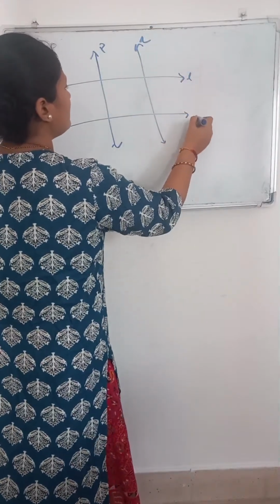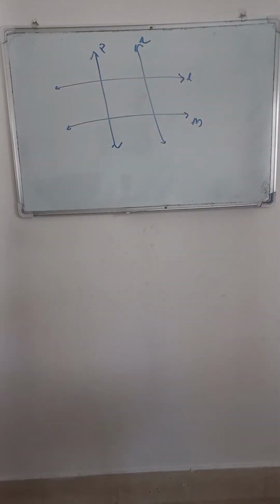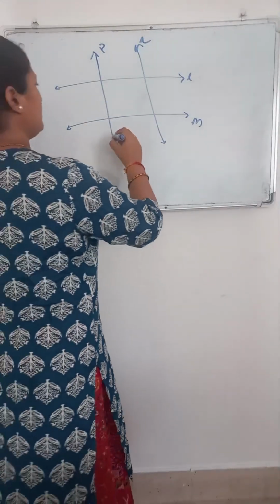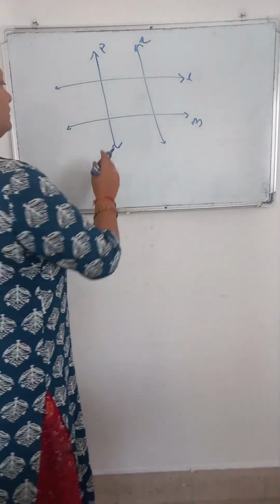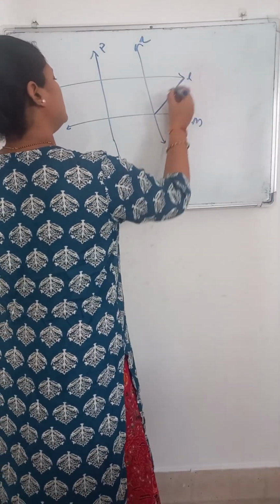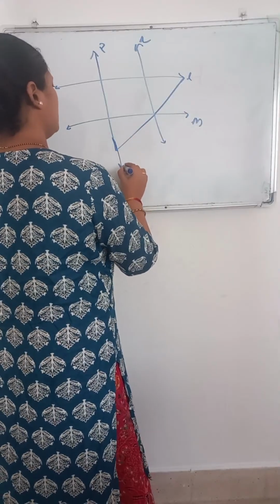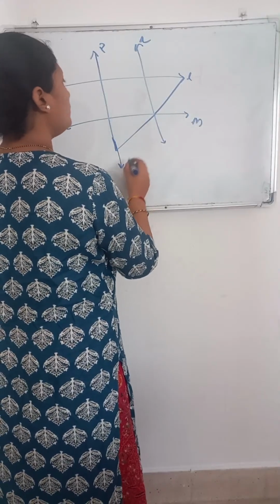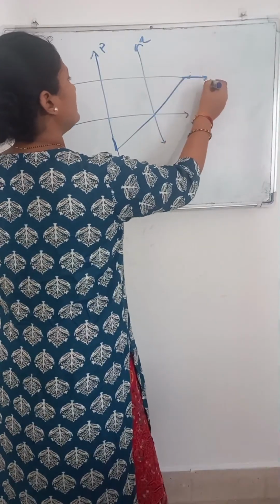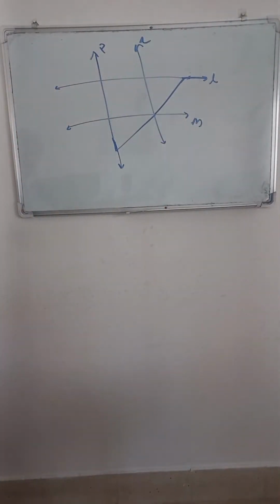This is L, this is M. Okay, so here I will extend this line a little. This is PQ, so we will extend L. Okay, this is the figure given.